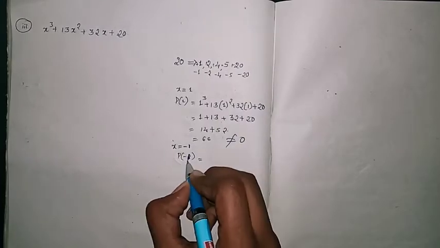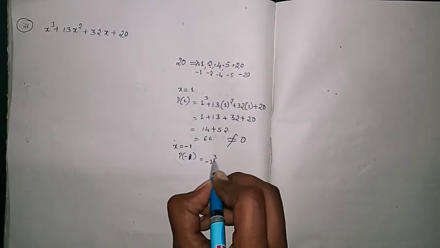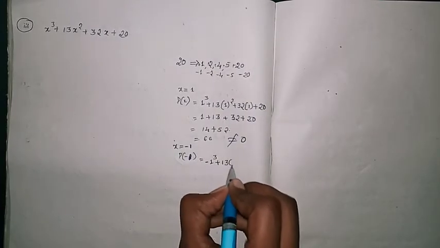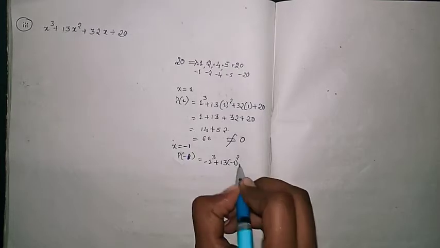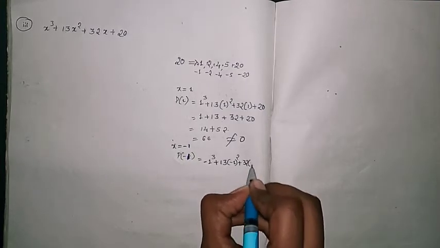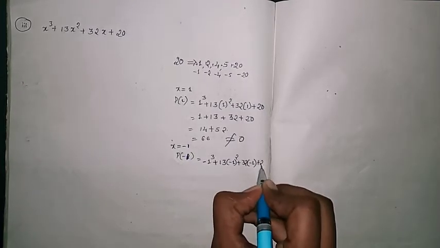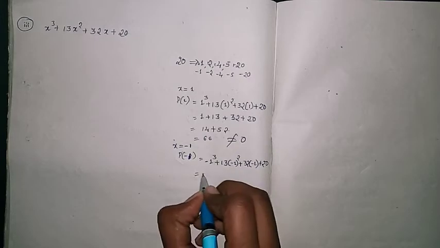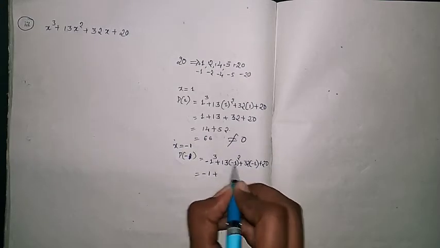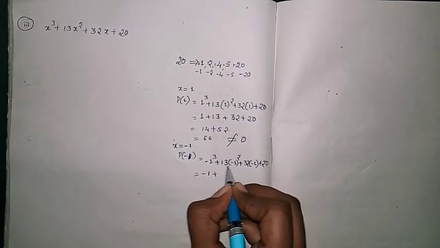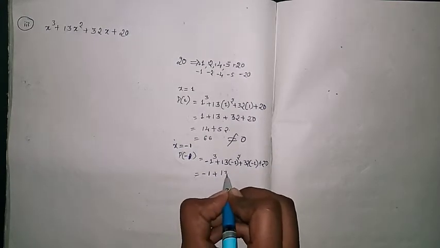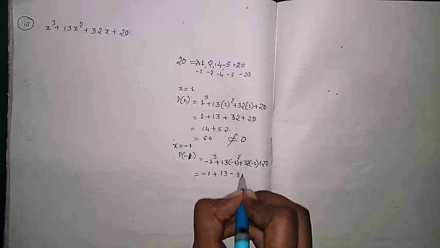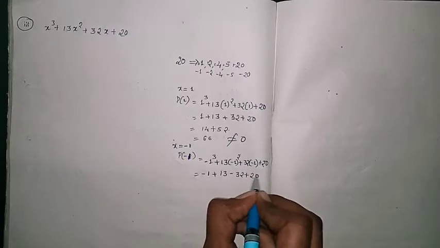So minus 1 cube plus 13 times minus 1 square plus 32 times minus 1 plus 20. So minus 1 cube is minus 1, plus 13 times minus 1 square, which is plus 1, so 13 into 1 is 13, minus 32 plus 20.